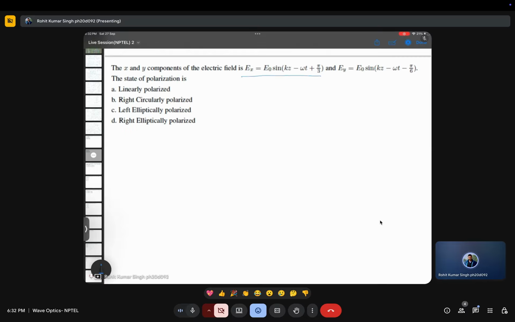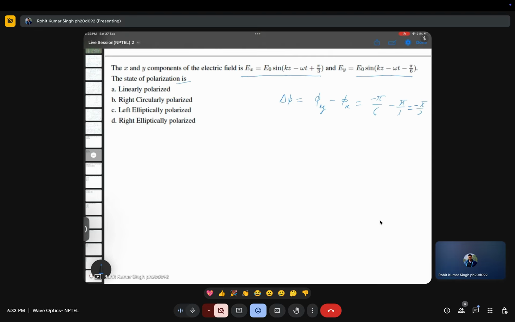Now again one simple: x is given like this, y is given like this. What is the state of polarization? You can calculate the phase difference, y minus x, it will be minus pi by 2.